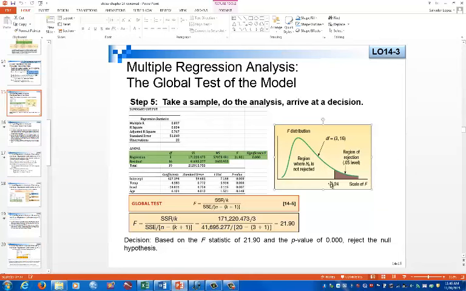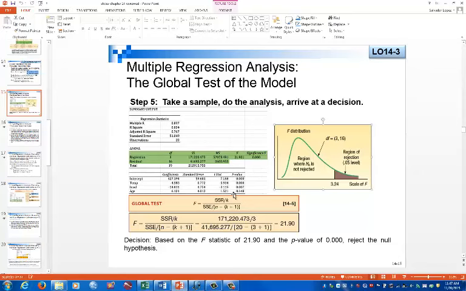Is 21.9 greater than 3.24, so that we can find that value of F in the rejection area? Well, it is much larger than 3.24. So therefore, it is in the rejection area. So we reject the null hypothesis, which says that all the betas are equal to 0.